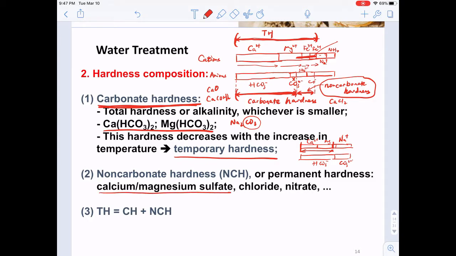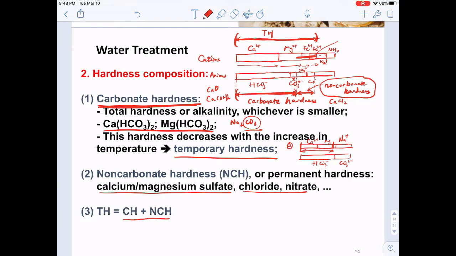For example, they can be calcium or magnesium sulfate, chloride, or nitrate. Therefore, to remove this non-carbonate hardness, we have to introduce more carbonate ions into the water to let them settle down. For this case, the total hardness is equal to the carbonate hardness plus non-carbonate hardness.